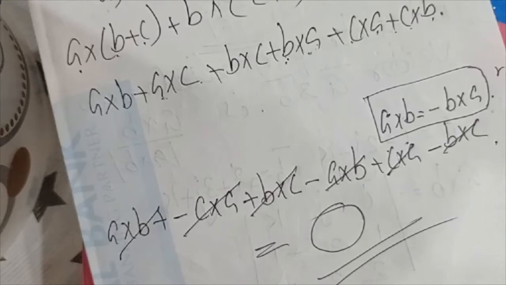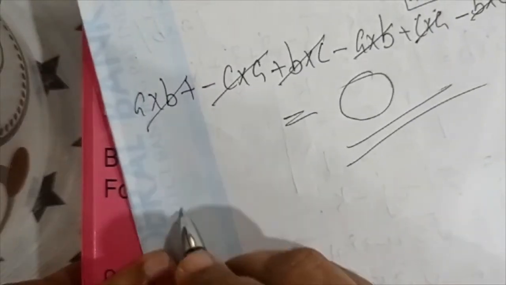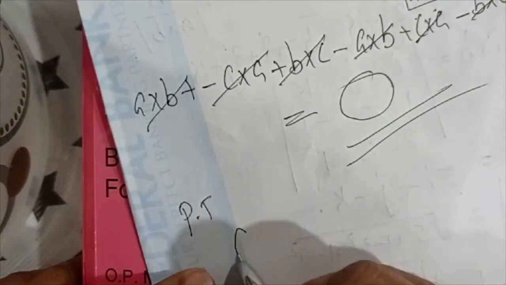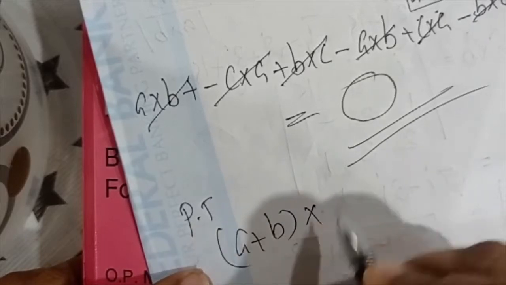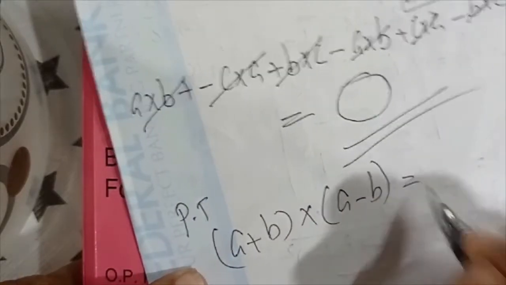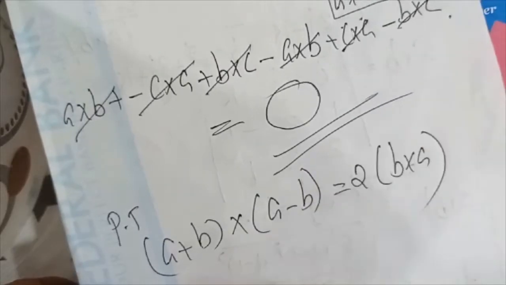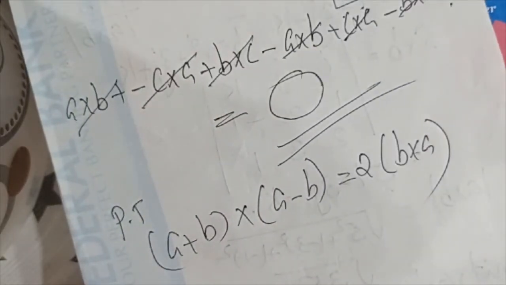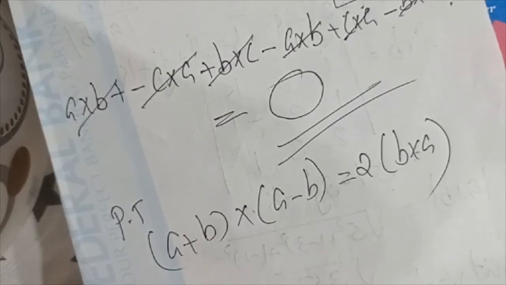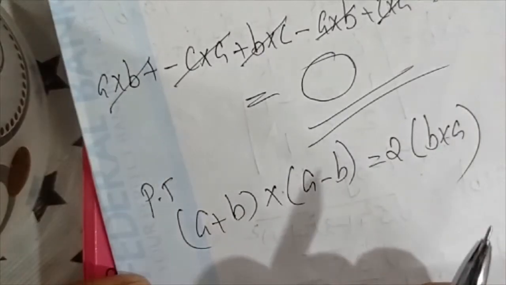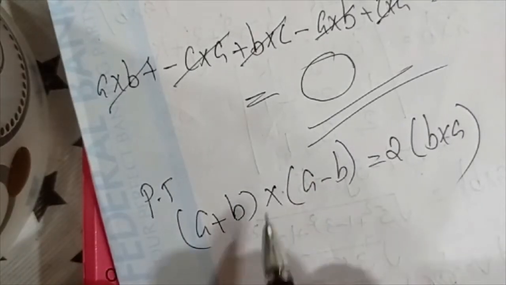Then the next problem. Prove that A plus B cross A minus B is equal to 2 into B cross A. Right? Can you say what is A plus B cross A minus B?